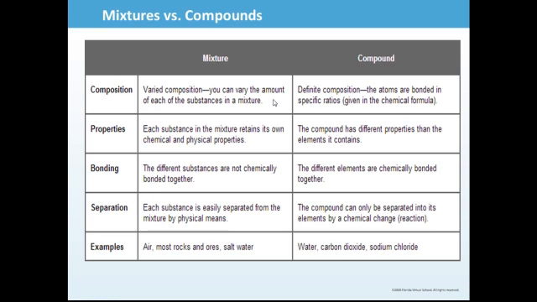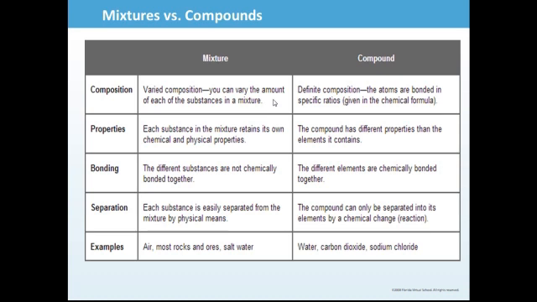Therefore, there's no chemical bonding at all. They're just mixed together, so when we want to separate them, we can do it by physical means, which is the easiest way. Some examples of mixtures are air, most rocks and ores, and salt water.